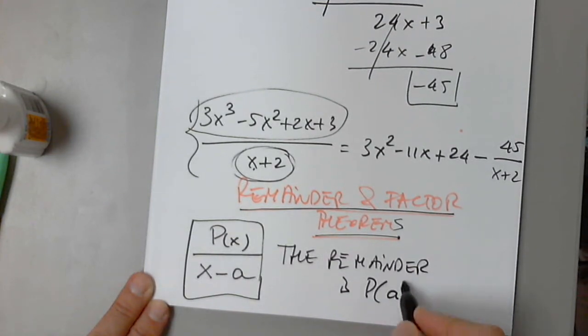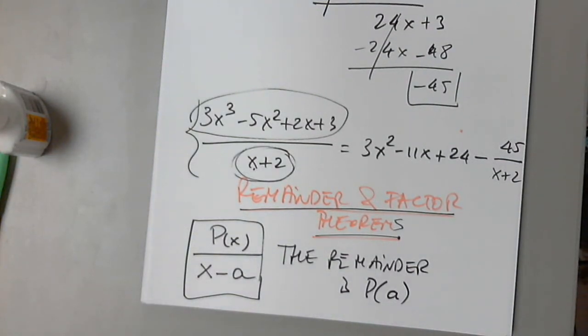is P of A. And that's the remainder theorem. And I'm coming back for the factor theorem in a moment. So now, because of this division by x minus a number, how much is A in this case? Careful. How much is A here? Perfect, negative 2.